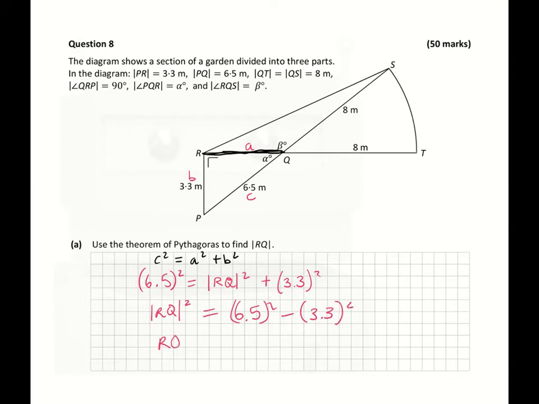Or RQ then is equal to the square root, we'll get rid of that squared, of 6.5 squared minus 3.3 squared. You can put all that into your calculator and you'll find out that RQ equals 5.6 meters.